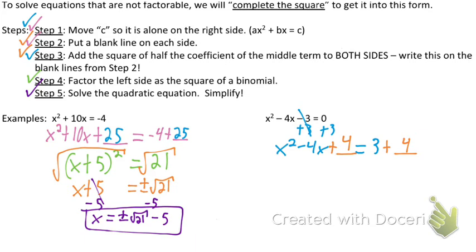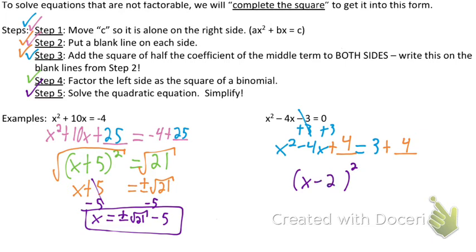So now, does that left side factor at this point? Yes, it should. Can anyone tell me what this left side might factor into? Give us a hint. It's going to start with x and something squared. X plus 2, squared, equals 7. Close. X minus 2.